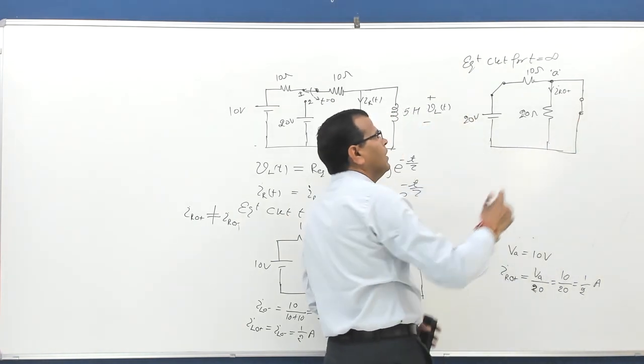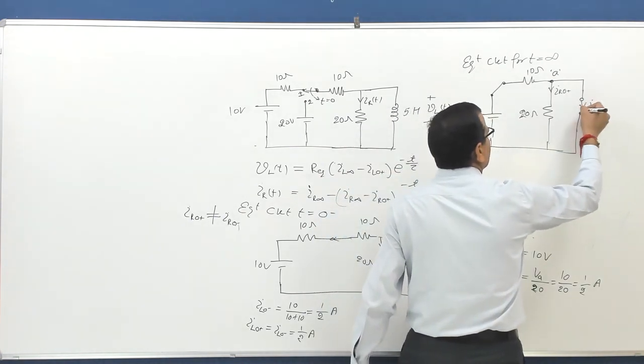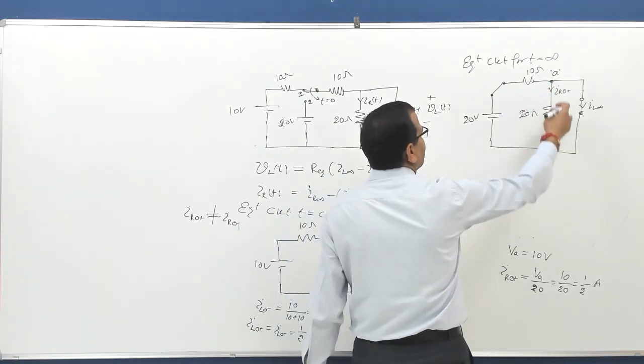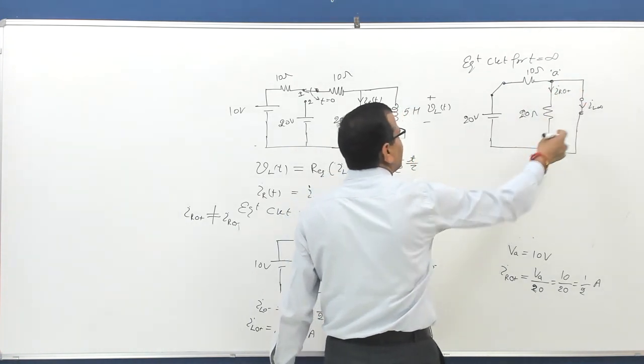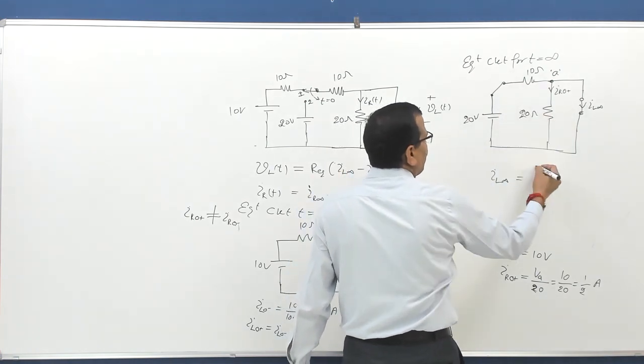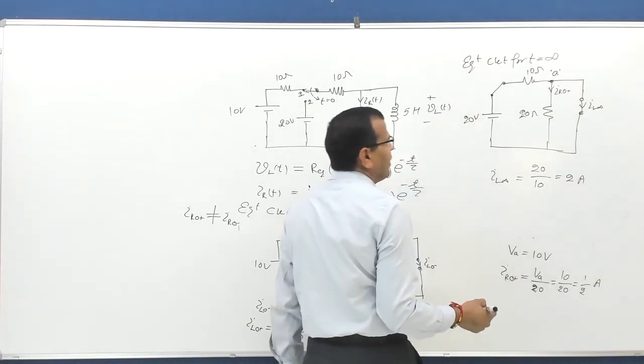Now current through the inductor is IL infinity, that is a steady state operation. Now this resistance is bypassed by the inductor, so IL infinity will be simply 20 by 10, that is equal to 2 ampere.